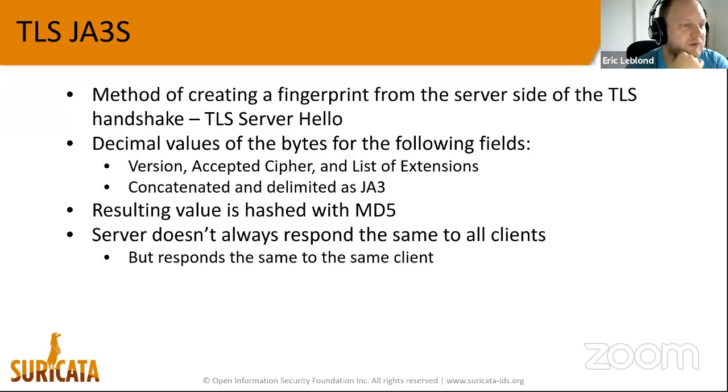So you get unicity for the same client implementation on the same server implementation, but not for just one single server. But that's quite useful, because if you have a malware that connects to the same command and control, then every time you will have the same client on the same server, so you can identify a malware system correctly.